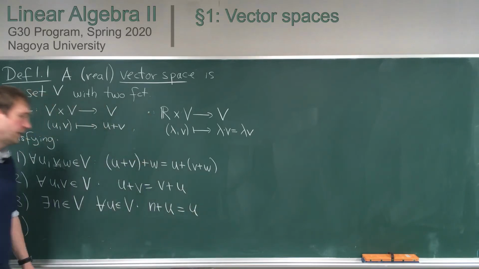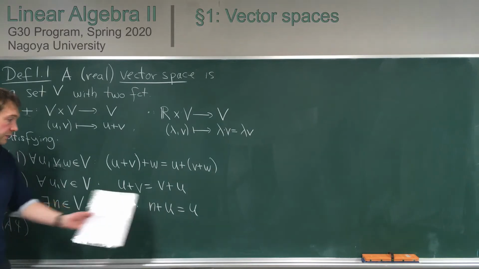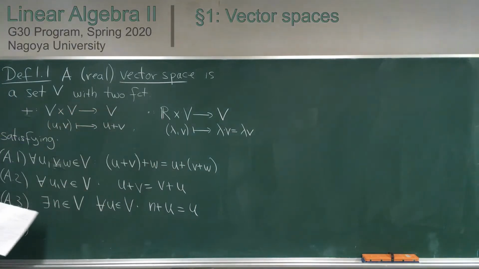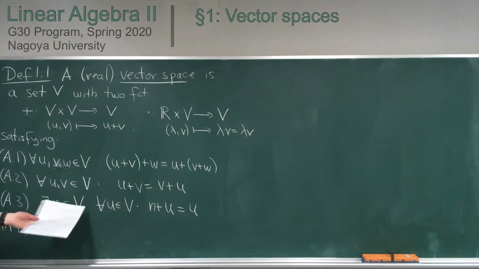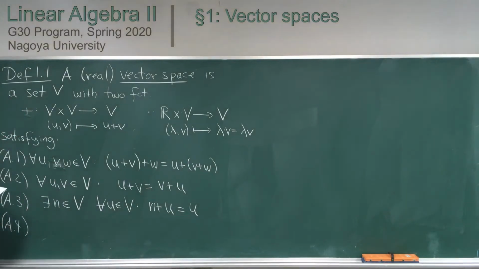This will just give u. And in the classical case, this n is just the zero vector. And one of the conditions is that for every vector space, there is such an element such that if I add it to any other element, it will not change this element.